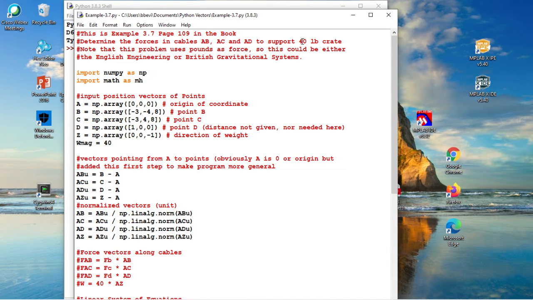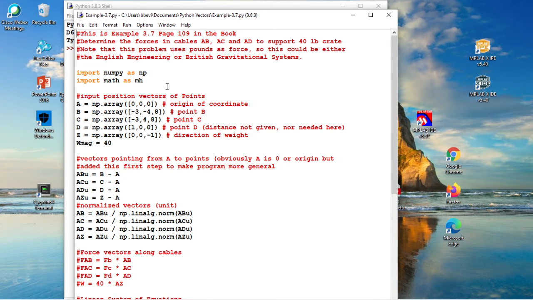If we say 40 pounds mass, then that pretty much says we're in English engineering. But the way the problem is stated, it's a safe bet to say we're talking about 40 pounds force, which is what weight is.